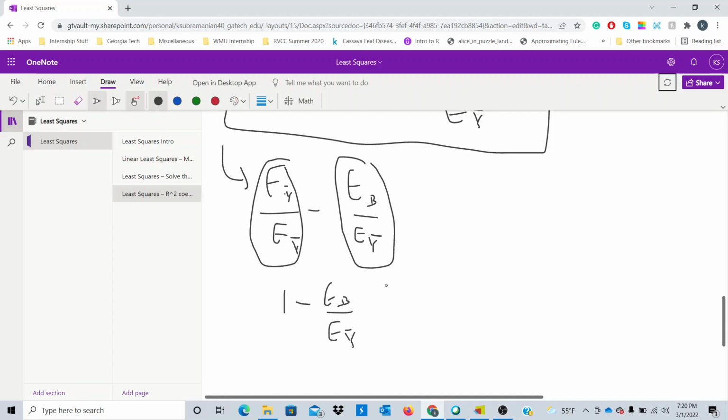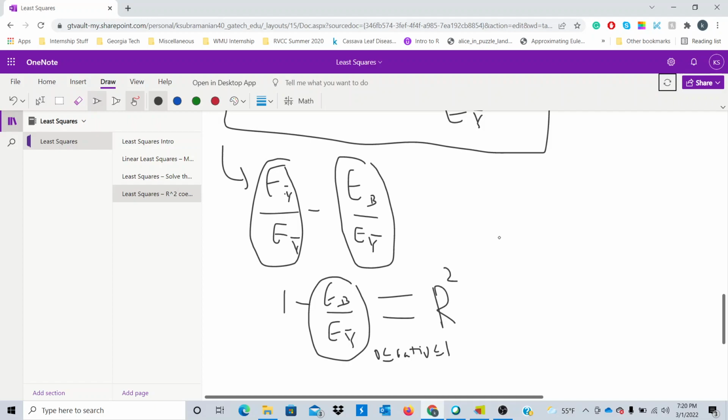And since E of B is assumed to be less than or equal to E of y bar, this number is between 0 and 1, so 0 less than or equal to ratio less than or equal to 1. And this is equal to the R squared value.